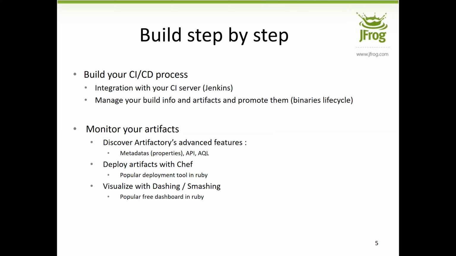The second part will focus on how to build your binary tracking system using Artifactory's advanced features like metadata, API, and AQL. For the sake of this demo, I will be using Chef to deploy my artifacts. And for the visualization part, I will be using Dashing or Smashing.